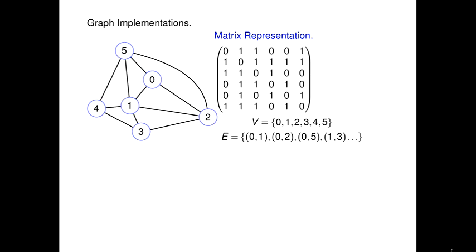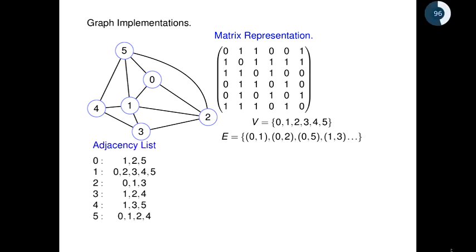So 0 is connected to 1. That's why the 1 in the second column of the first row corresponds to this connection between 0 and 1. Okay? This connection corresponds to this one, and this edge corresponds to this one.